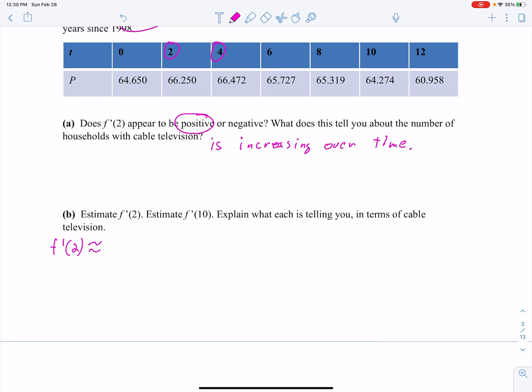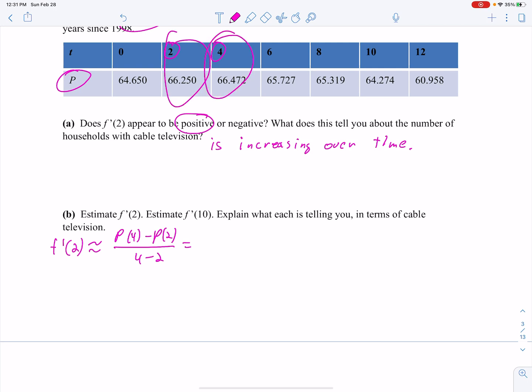So we use the slope equation, right? f of 4 minus f of 2 over 4 minus 2, the difference in the y values over the difference in the x values. I should use proper notation here. Always use proper notation. We're not using f, in this case we're using P. So P of 4 minus P of 2, and we plug in the numbers.